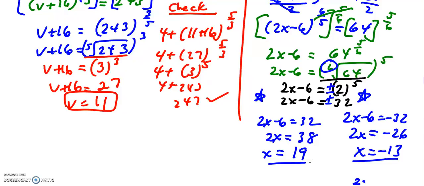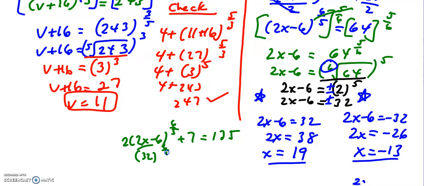And so if I want to be extra careful and check my work, which is good for a test or quiz, the original problem, again, I'll write it over here, was 2 times (2x minus 6) to the 6/5 plus 7. That should equal 135. So if I take 19 and plug it in right here, we would have 2 times 19, which would be 38. 38 minus 6 would be 32. 32 raised to the 6/5.